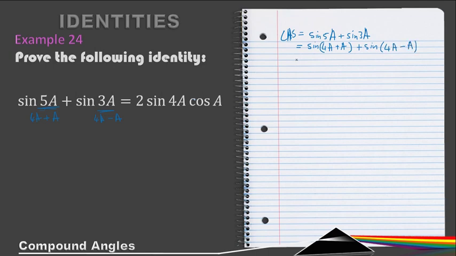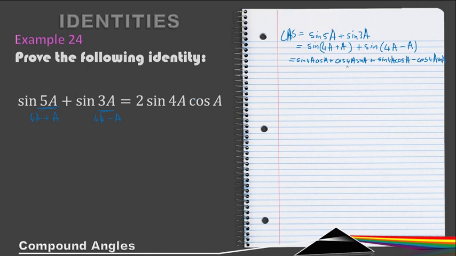Okay, so now let's expand. So we have sine 4a cos a plus cos 4a sine a plus, now expanding this side, we have sine 4a cos a minus cos 4a sine a.